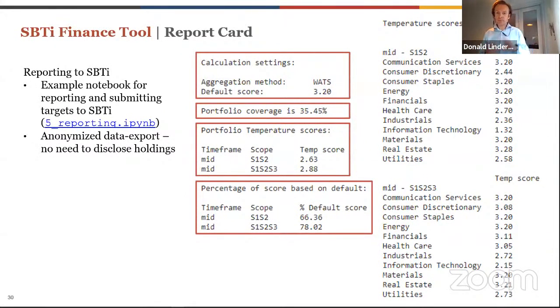The portfolio coverage method only uses the companies that have had targets approved by the Science Based Targets initiative.